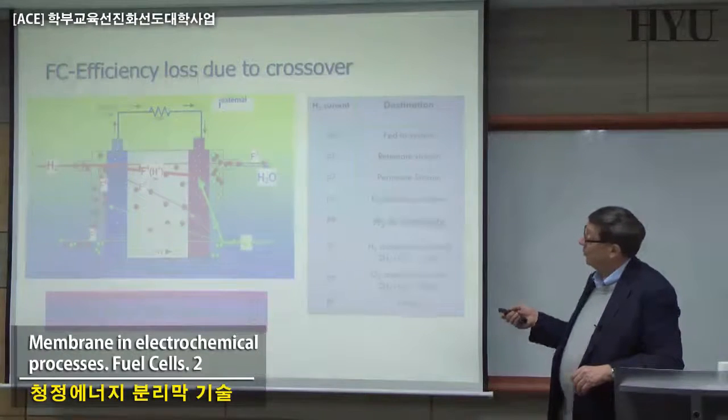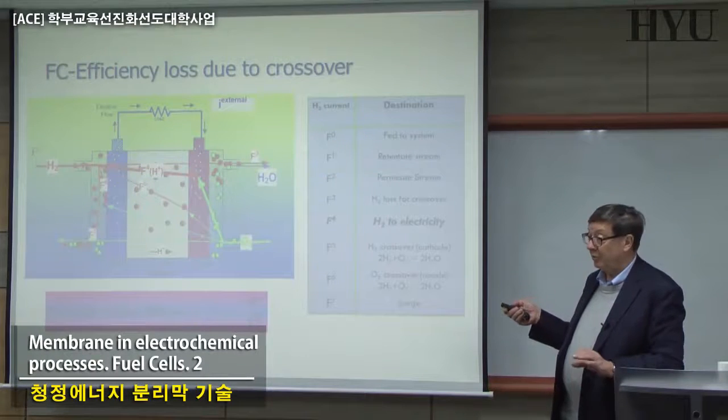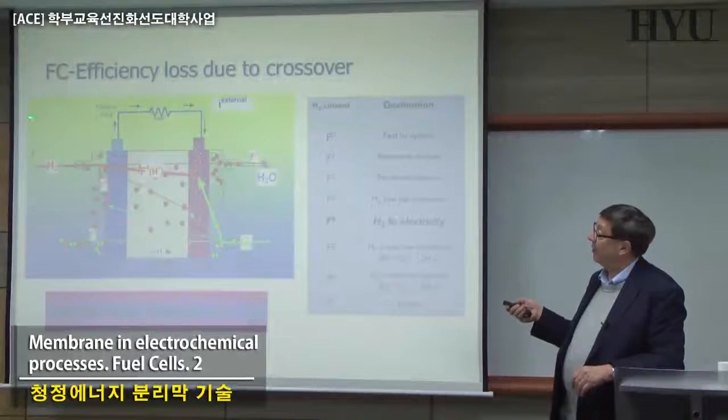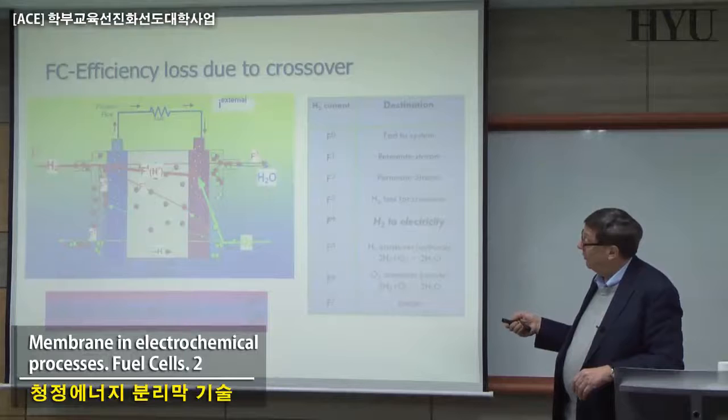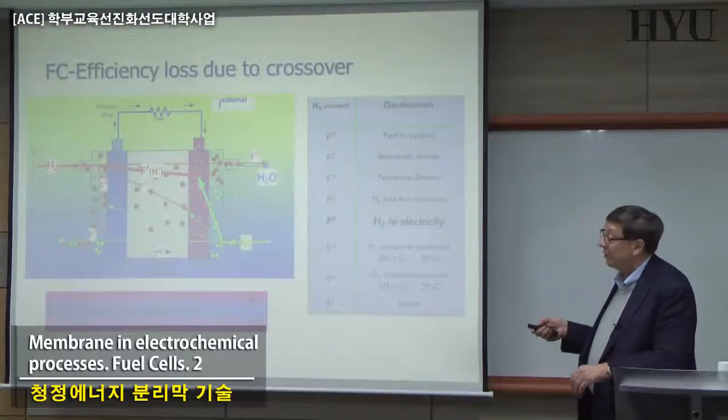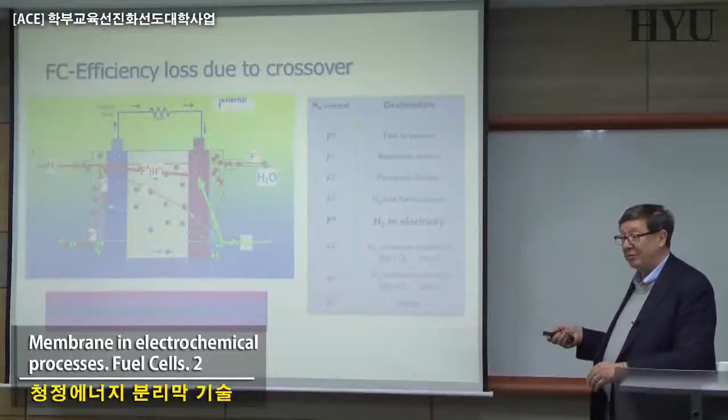First of all, we have to try to define correctly, for example, the efficiency related to the crossover. For doing this, you have to identify all the different fluxes that you can have in your system.